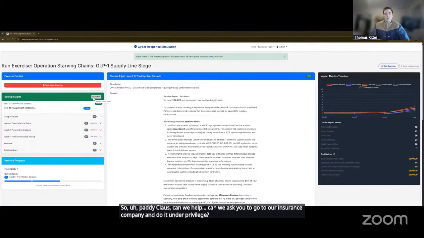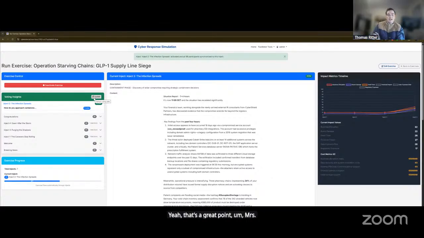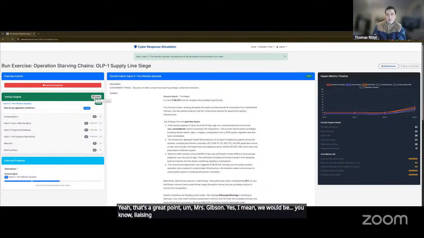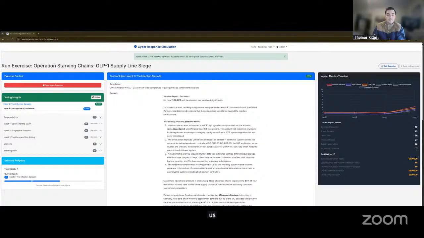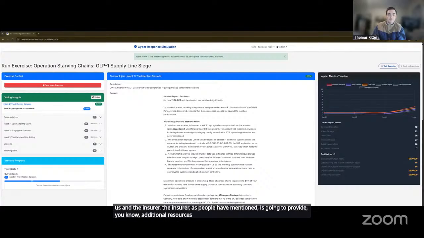Yeah, that's a great point, Mrs. Gibson. Yes, we would be liaising with our broker, right? And the broker would serve initially as the intermediary between us and the insurer. The insurer, as people have mentioned, is going to provide additional resources, i.e., forensics, legal counsel.